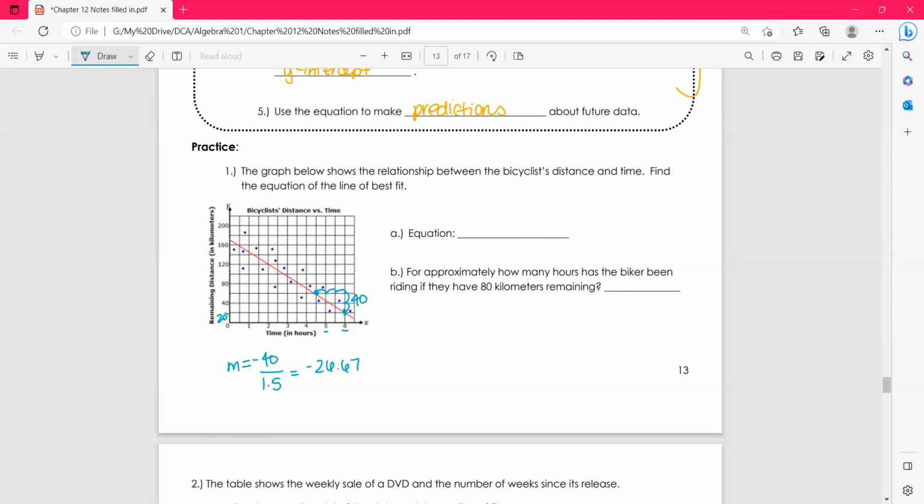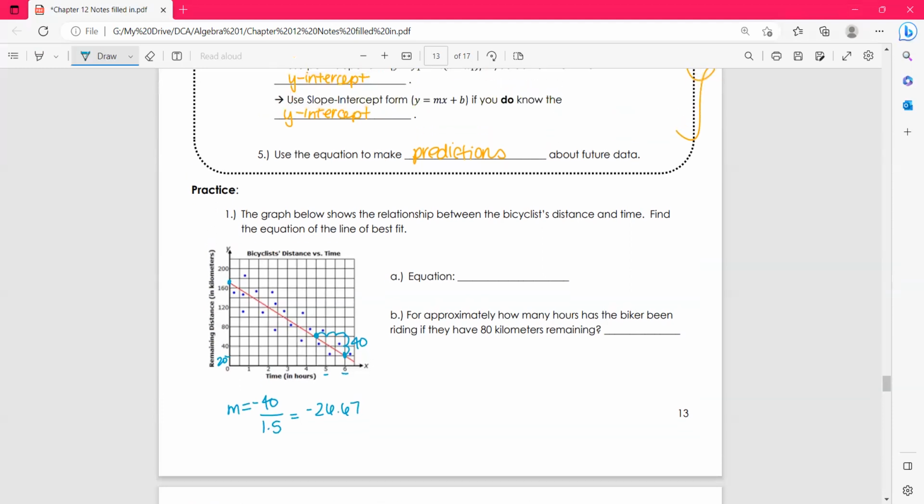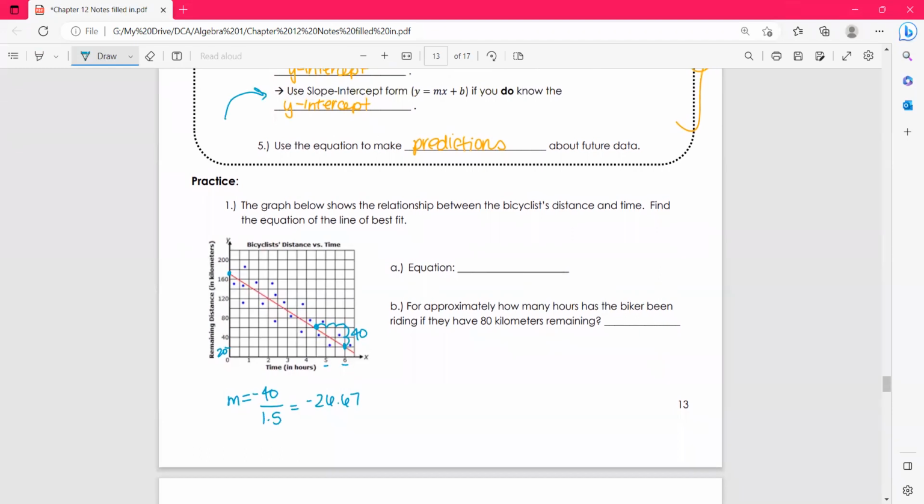Okay, so there's my slope. We can see we've got the y-intercept. And so we can see if we have the y-intercept, which equation we can use. The y-intercept here, the b value, if this is 180, let's call it 170. So then I can say the equation is y equals negative 26.67x plus 170. So remember, that's just y equals mx plus b.